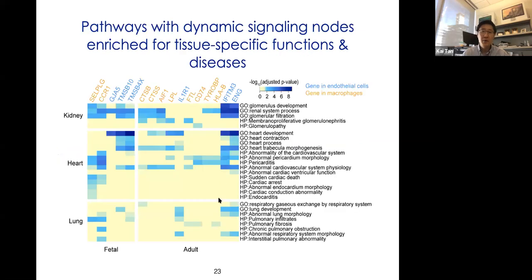We also find that these pathways with those dynamic rewiring nodes tend to be enriched for tissue-specific functions or diseases, shown here. Each column here is the sentinel rewiring node for that pathway. So you have three tissue types and both fetal and adult stages. You can see for the kidney genes, they are involved mostly in kidney function or disease and so on.